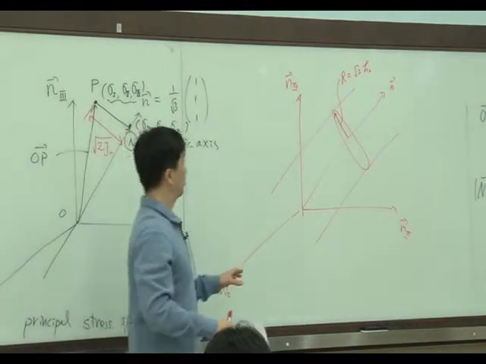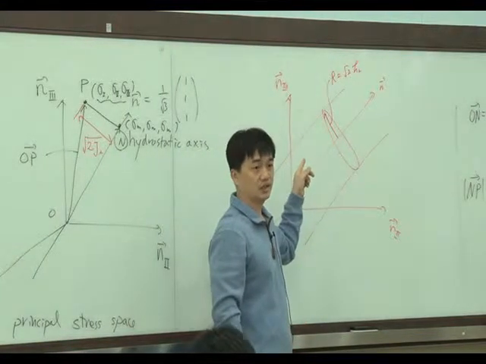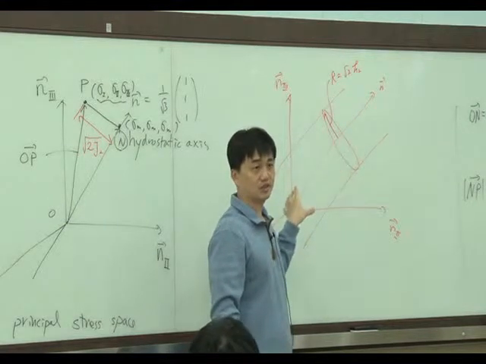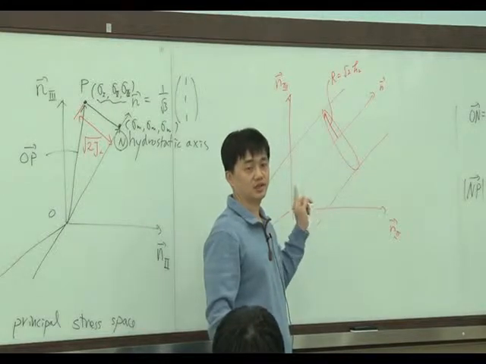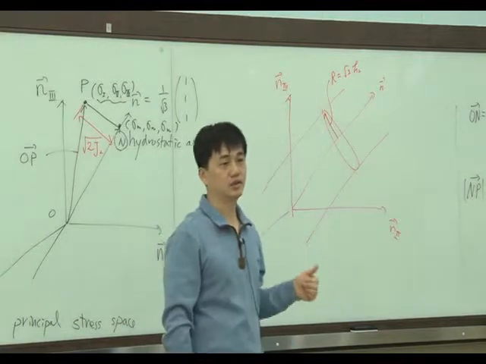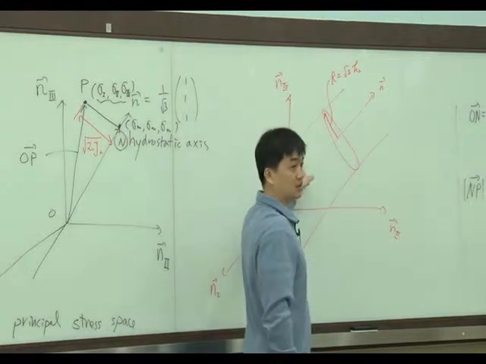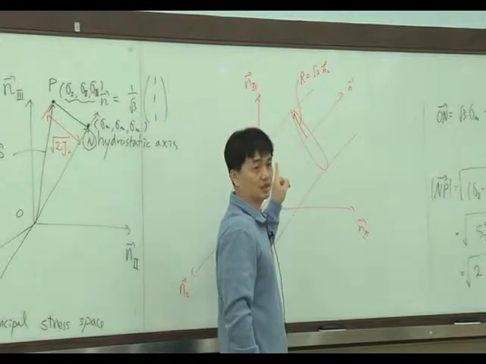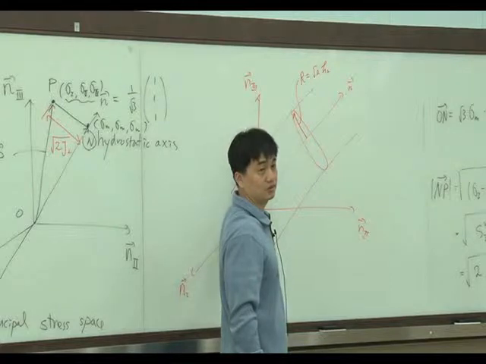So, if the material stress state is inside of this cylinder, the material doesn't fail, and that stress state is admissible. Admissible means that's a possible stress state. But when the stress state meets the surface of the cylinder, the material starts to fail. And the stress state cannot be outside of the cylinder, right?